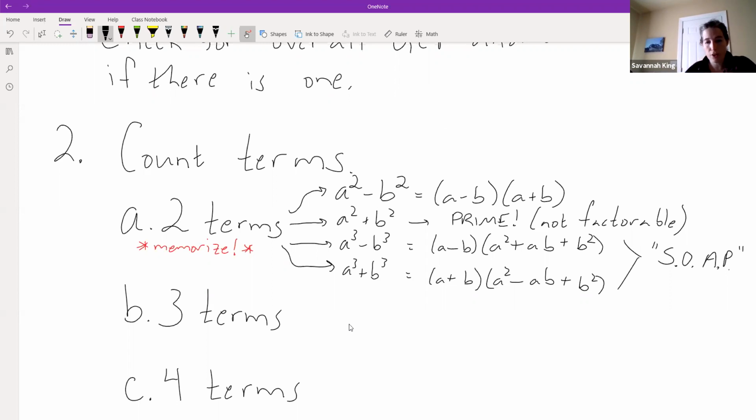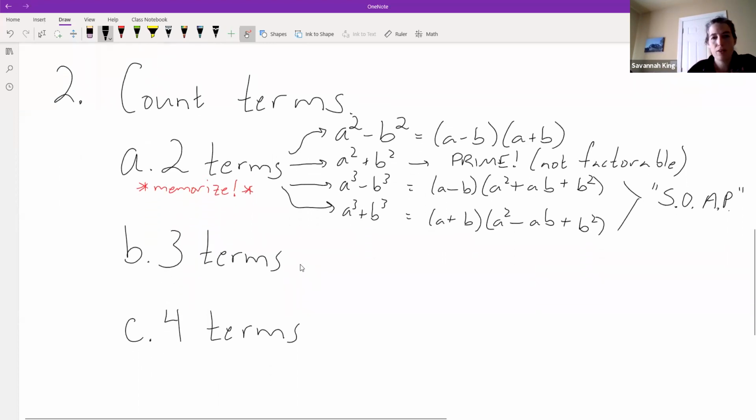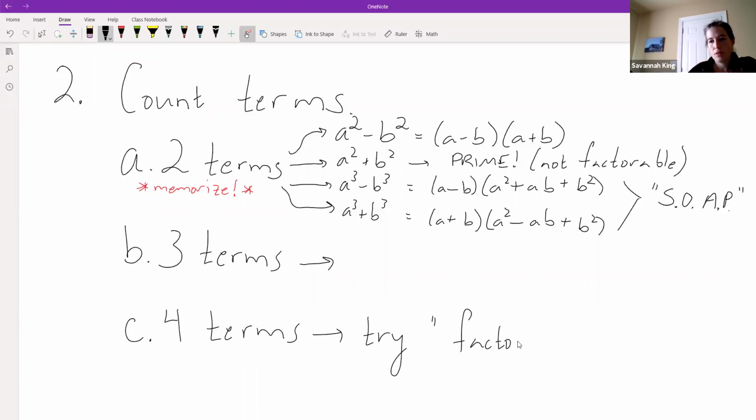Okay, three terms. Well, let me temporarily skip down here. Four terms: we called the method for four terms factor by grouping.